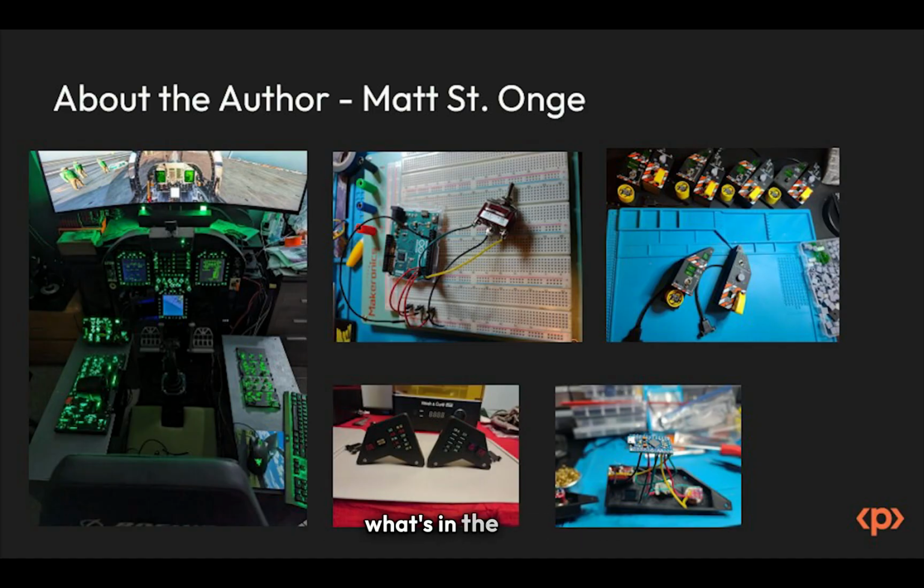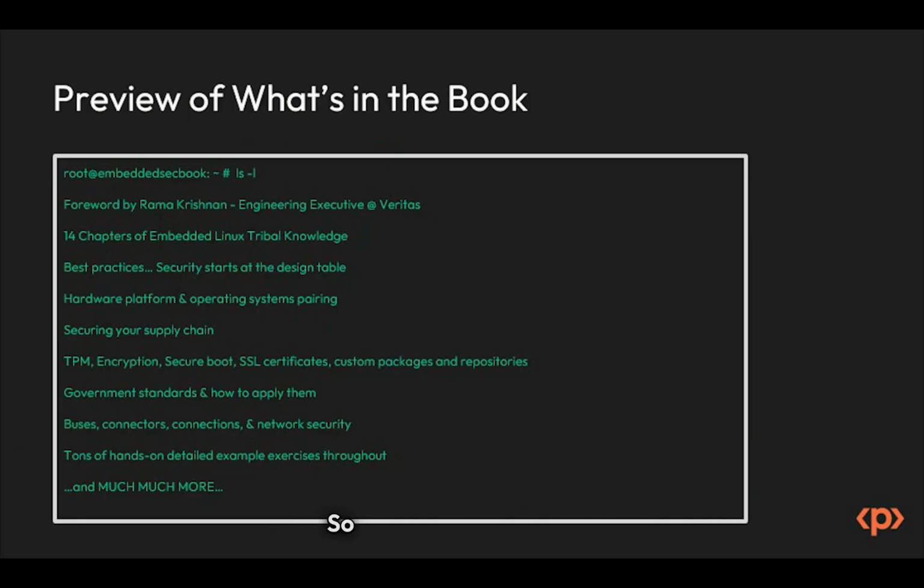Let's talk about what's in the book. So, digging into the book, first and foremost, I'm going to start with the foreword done by a really beloved colleague of mine, Ramakrishnan, who is an engineering executive at Veritas, who is head of many of their products. Amazing foreword, amazing guy.